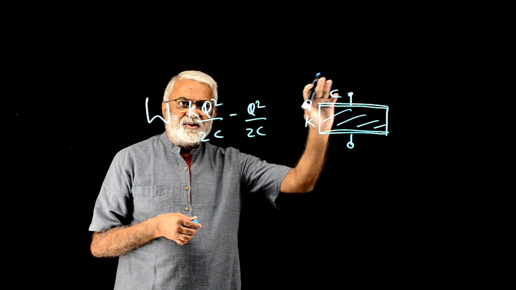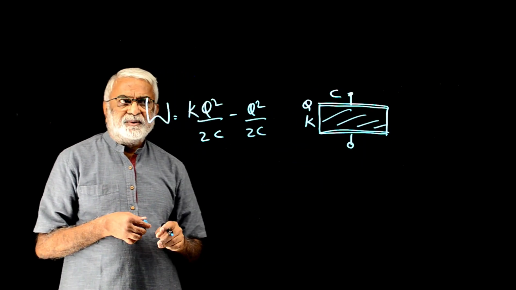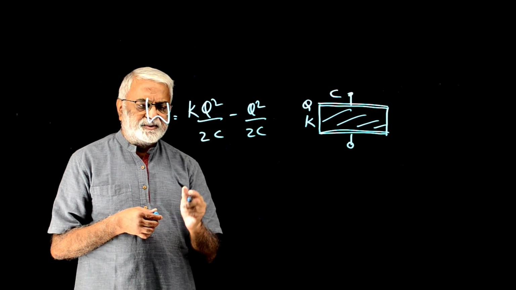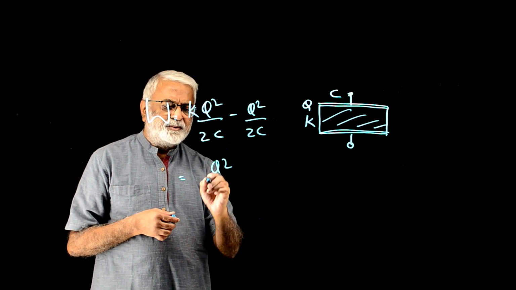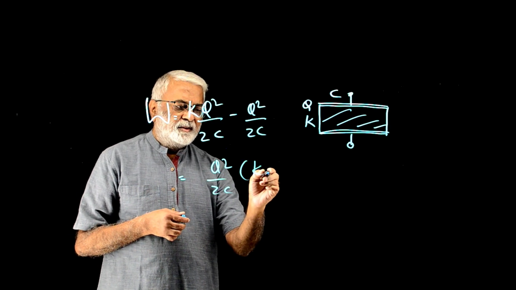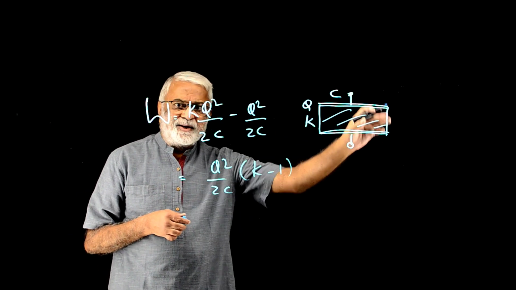With the dielectric the capacitance was C, now it's K times less. So this is it: Q squared by 2C into K minus 1. We have only air at the end, right?